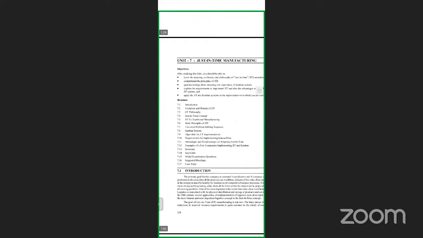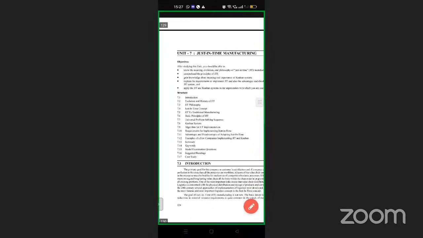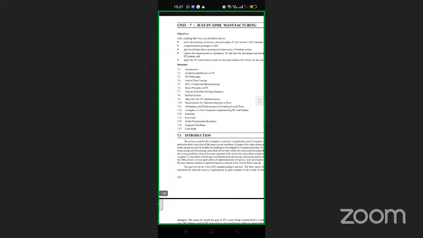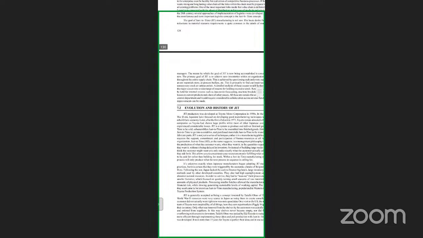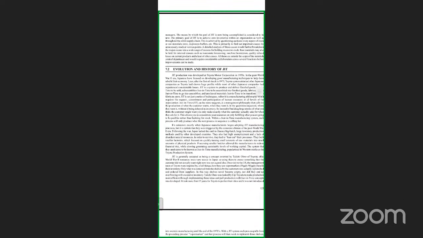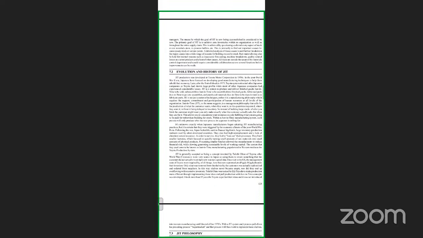Next, we have just-in-time manufacturing. When we talk about just-in-time manufacturing, let us understand how it has evolved. Evolution and history of JIT, that is just-in-time, which was developed by Toyota Motor Company in the 1950s. In the post-World War II era, the Japanese focused on developing good manufacturing techniques to help them rebuild their economy.